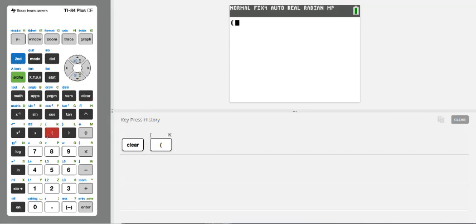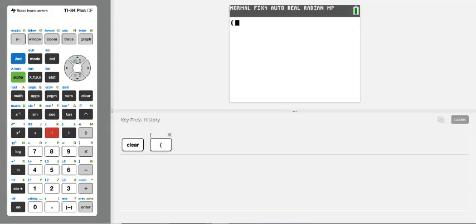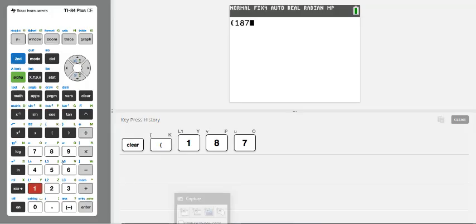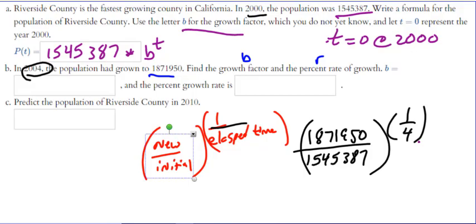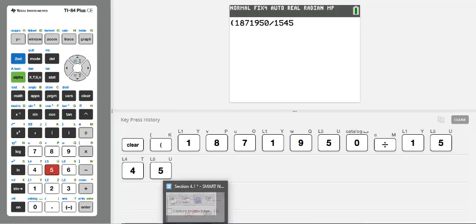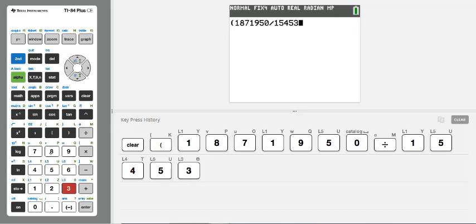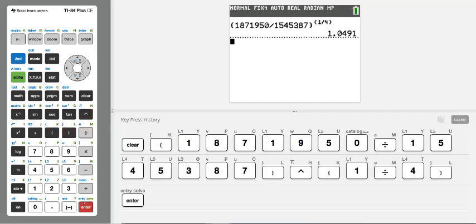Okay, so I'm going to get a parentheses, and I'm going to do 1871950 divided by 1545387. Close parentheses, raised to the parentheses 1 divided by 4, close parentheses, boom.